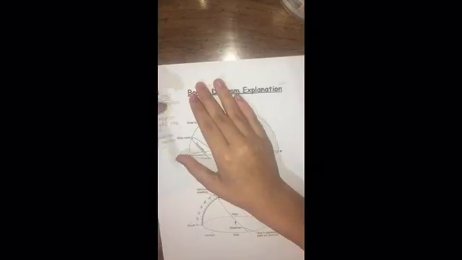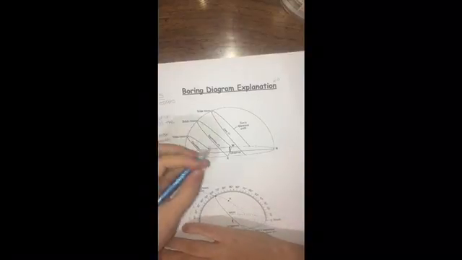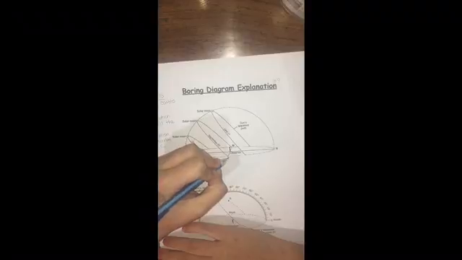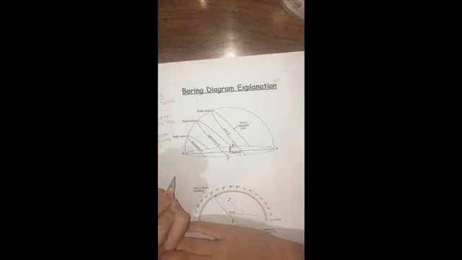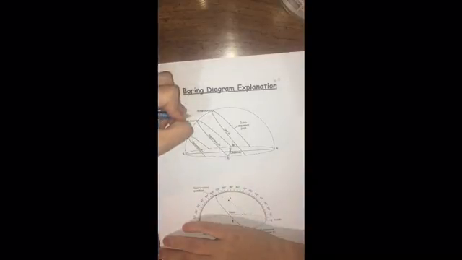Okay. So, something to know about these is when the path hits directly east and directly west, as this one does, September 23rd, that is going to be the autumnal equinox.